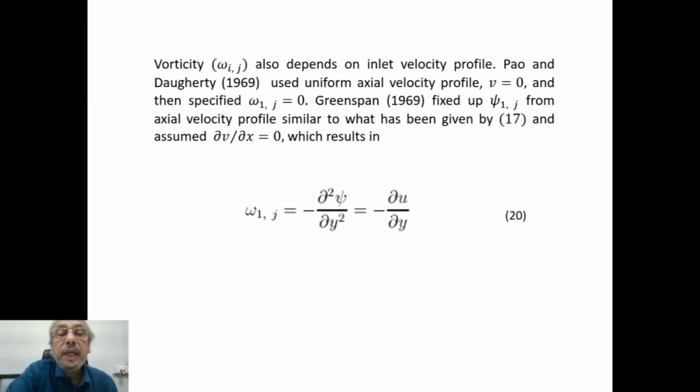So on the inlet plane, they prescribed initial omega and also as boundary condition omega as 0.